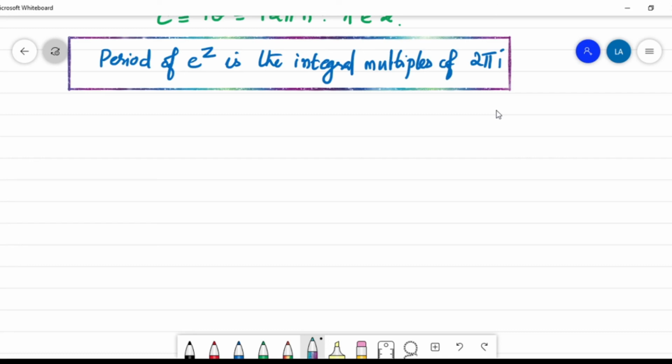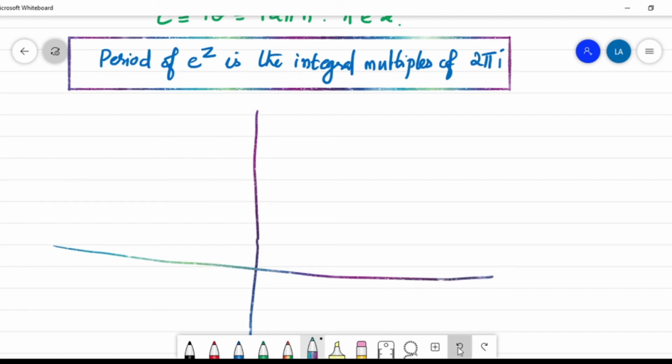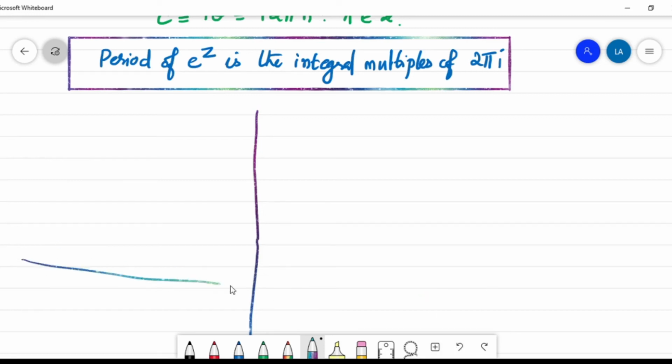And just to understand how the periodicity works, I am just drawing a lame diagram. Okay, this is a line. My God, this is a line.